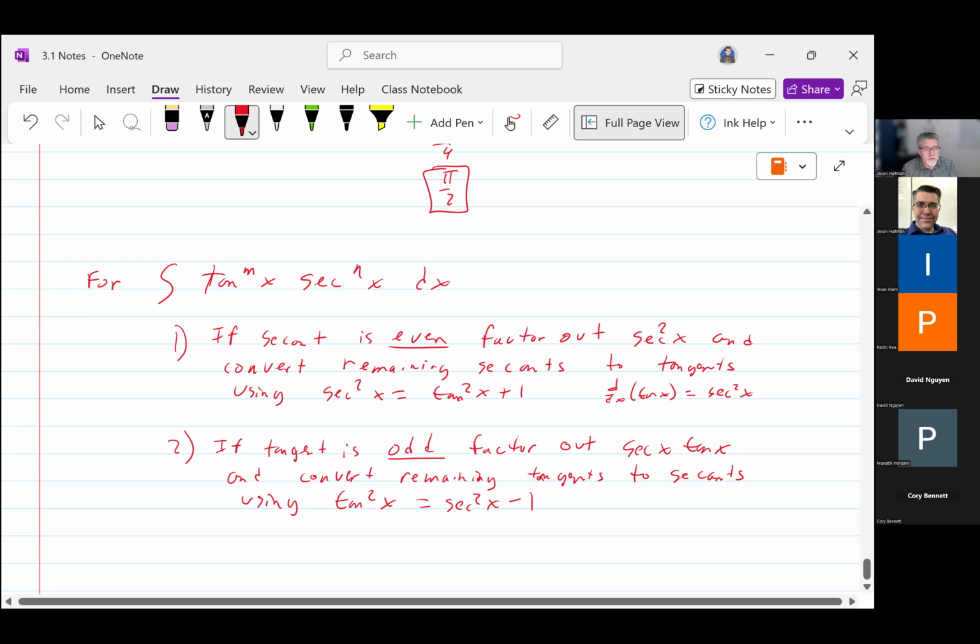Because what's the derivative of secant? It's secant tangent. Exactly.